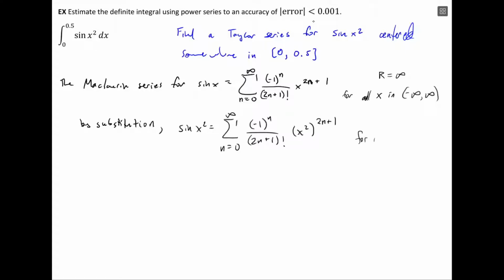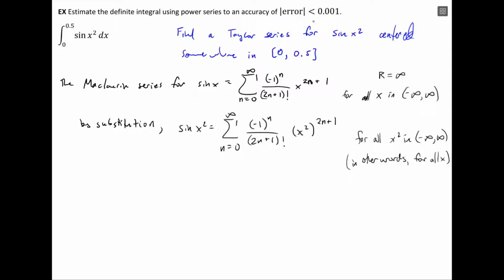And this is going to be good for all x squared in -infinity to infinity. Again, just by substitution. I've written x squared everywhere there was an x in the previous thing I wrote. So another way of saying that is it's also good for all x.